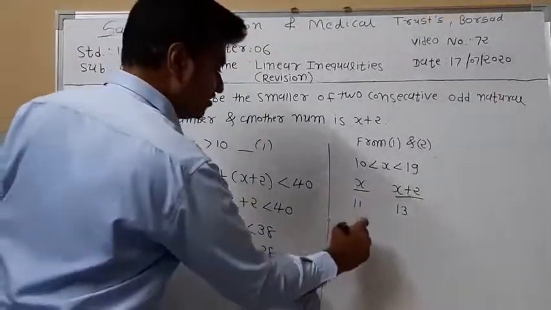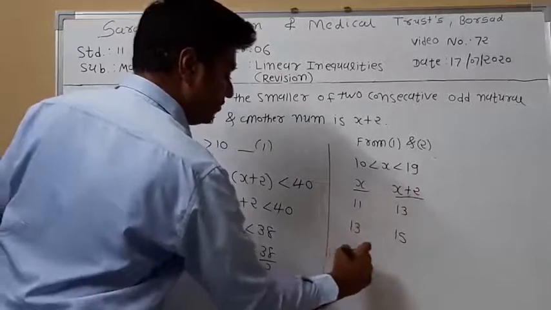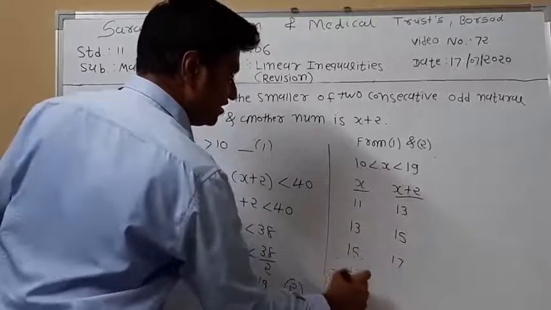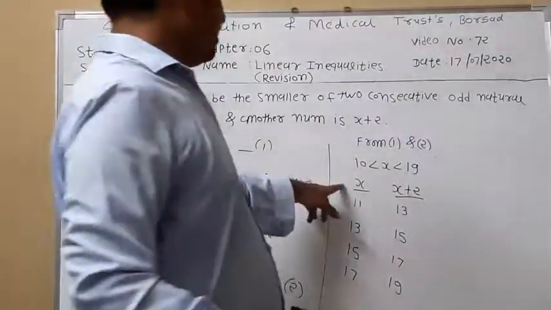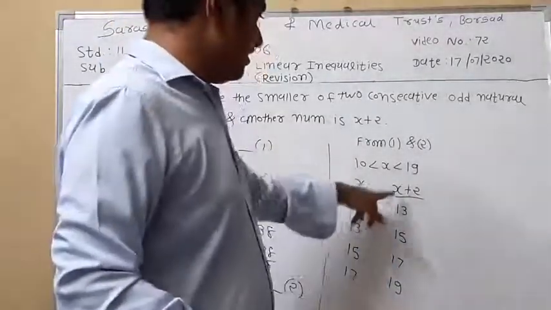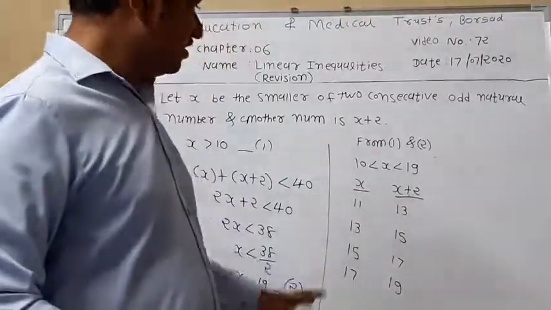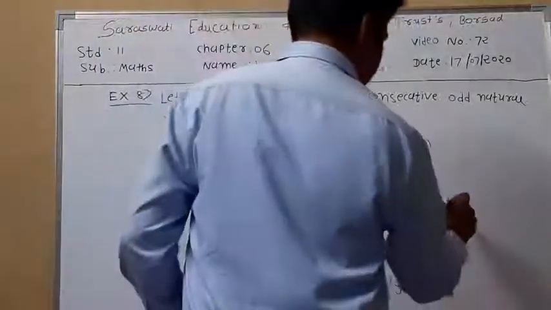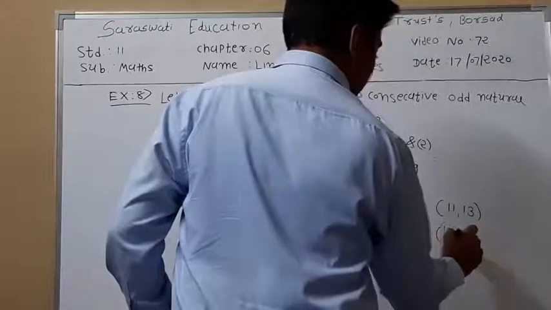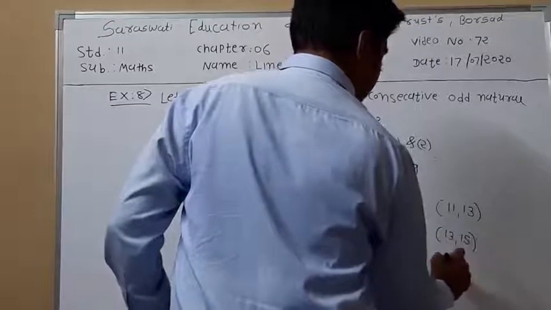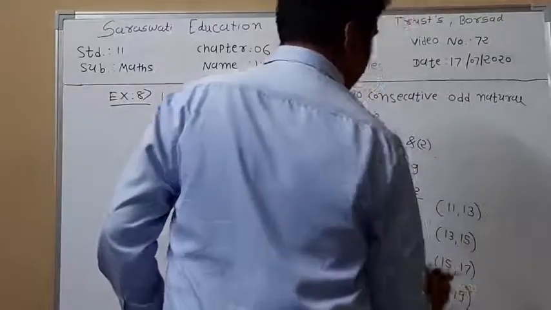Then 13 plus 2 is 15, then 17, then 19. The next odd number is 19, and a strictly less than condition is present, so we cannot consider 19. So our ordered pairs are 11, 13; 13, 15; 15, 17; and 17, 19. Clear?